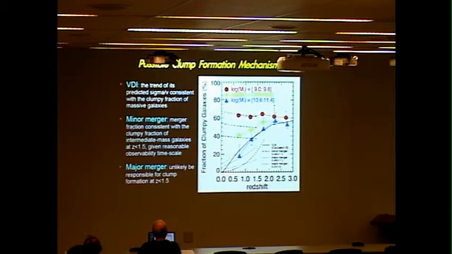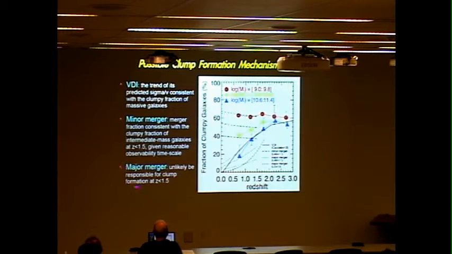But if you look at the minor merger fraction from Jennifer Lotz's paper, and assume a reasonable visibility timescale, for example 1.5 or 2 Gyr for minor mergers, that minor merger fraction is consistent with the clumpy fraction of intermediate mass or low mass galaxies.